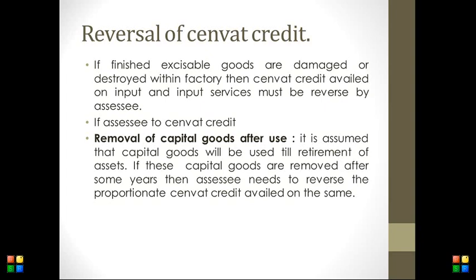That means if we purchase machinery and its estimated life is 10 years, and if we remove the machinery within 5 years, then we have to reverse the proportionate Cenvat credit to the department. There is some calculation background which cannot be explained here, so you need to go for the professional version to understand it. This is just basic information and knowledge.